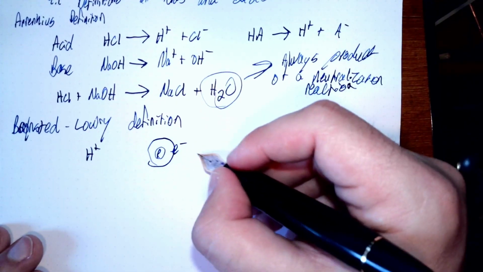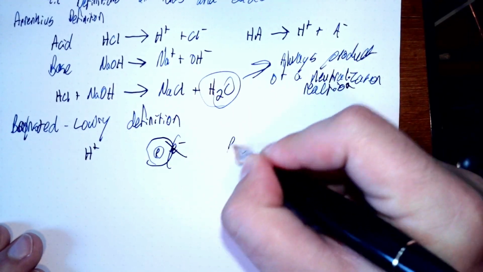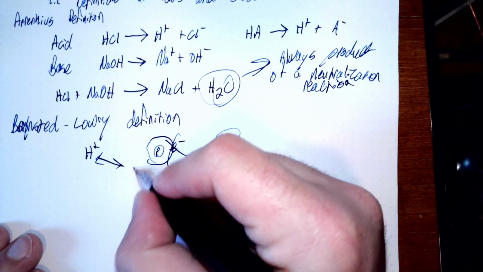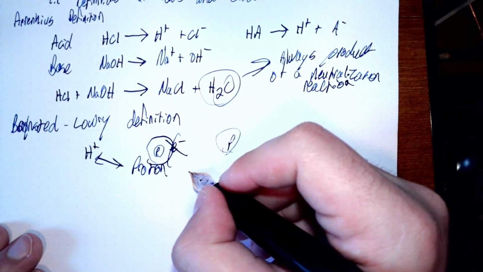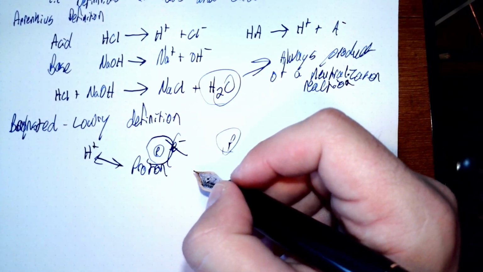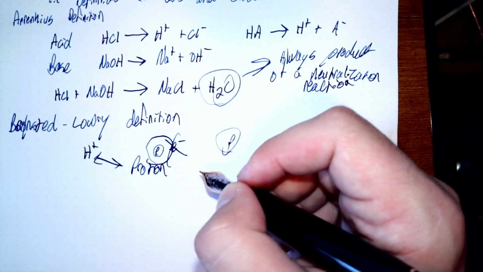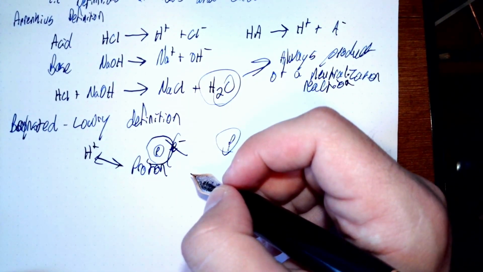So when we make an H plus ion, this electron goes away, and that just leaves us with a proton. So we use H plus and proton interchangeably. We use that term a whole lot when we talk about acid-base chemistry.